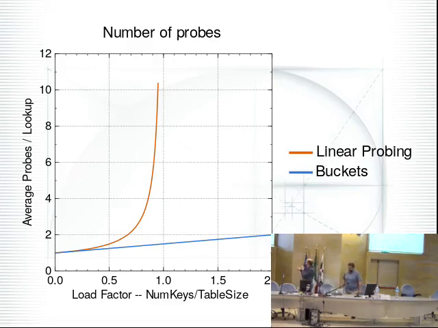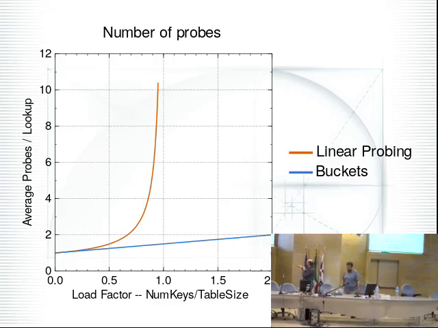And as the load factor increases, you find more and more things that have had collisions, and occasionally you have to do a second one, and occasionally you have to do a third one, and so on and so forth. And you can see that the number of probes average for the bucket only goes up to 2 probes, even if your loading is two times the size of your hash table.